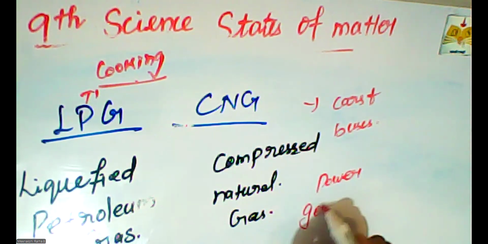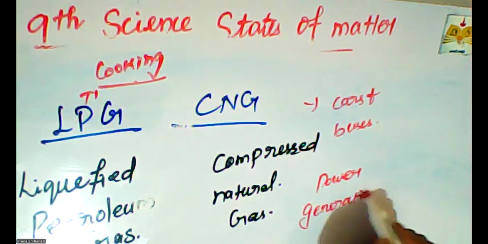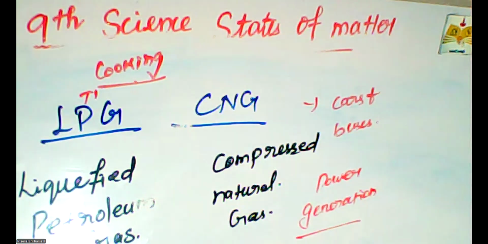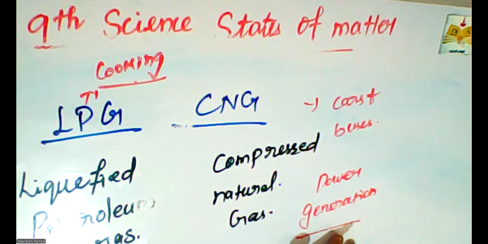With the help of CNG, we can generate power. So LPG, liquid petroleum gas, is mainly used for cooking, and also in automobiles. CNG, compressed natural gas, is used for cars and buses, and also for power generation.